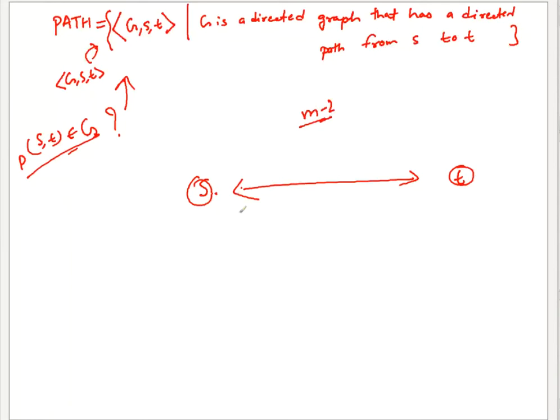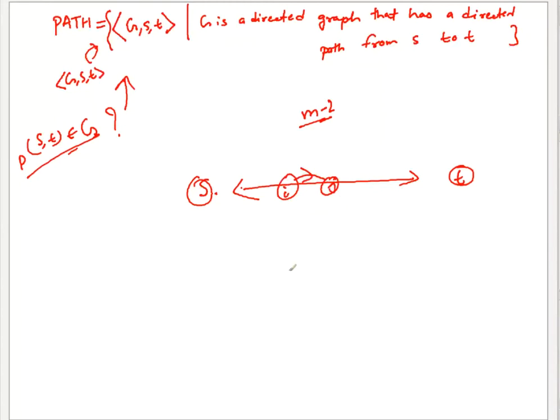You take paths of length M, M minus 1, M minus 2, and in the brute force way you search all possible paths that can exist from S to T. Then for every such possibility you check, for consecutive nodes I and J placed, whether there is a directed edge from I to J or not. If not, then that particular combination you have picked is invalid. You ignore that and go for the next one.